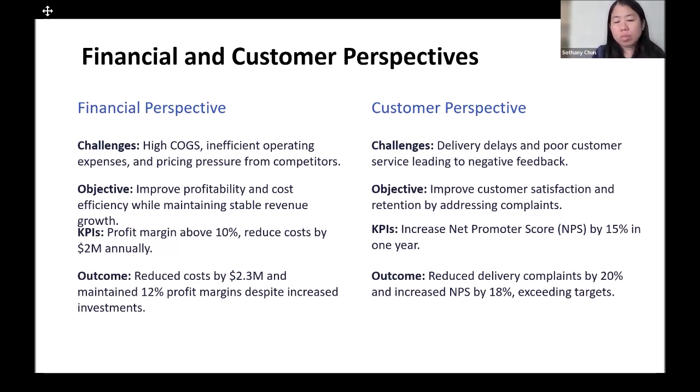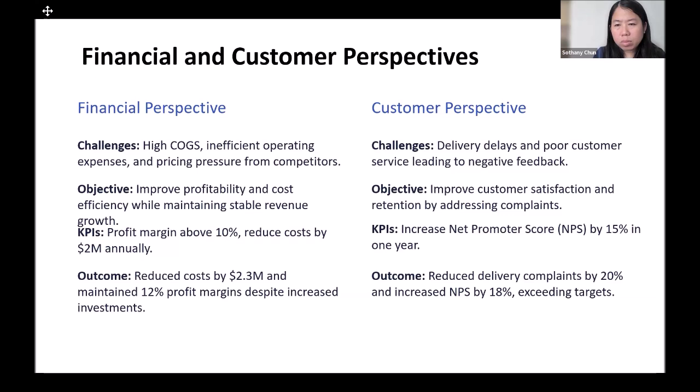Returning customers directly impact revenues and growth. And their KPI is to increase the Net Promoter Score by 15% in 1 year. For their action, the company needs to launch a customer feedback system to identify pain points and address complaints faster, and introduce a loyalty program offering discounts and perks for repeat customers.